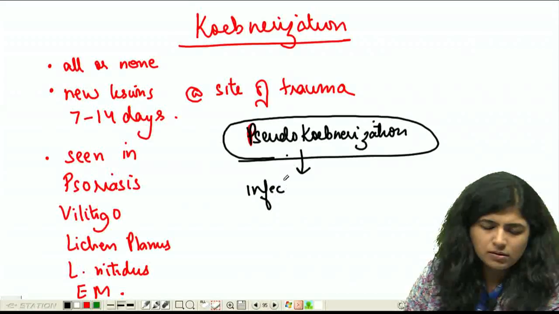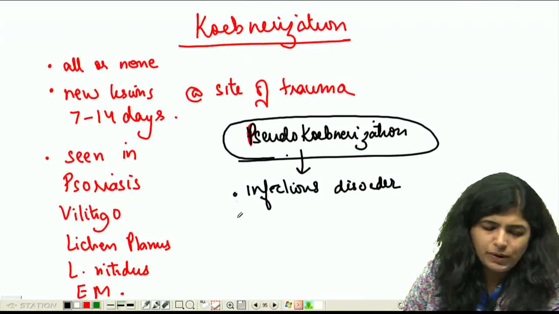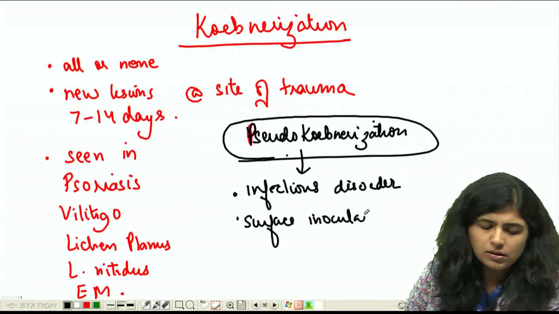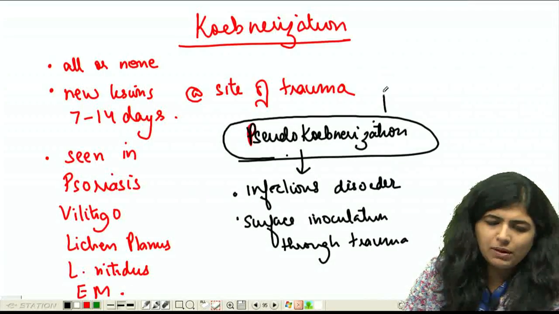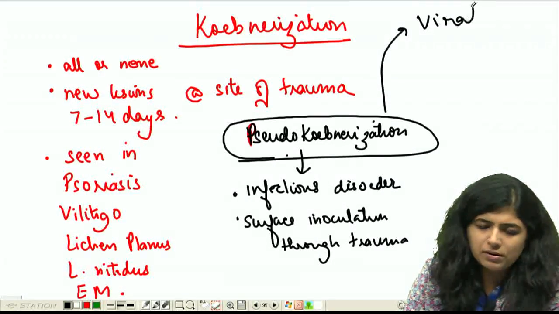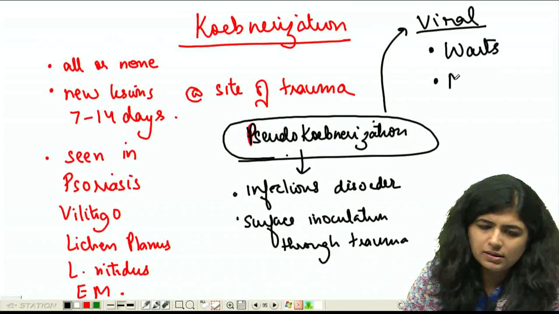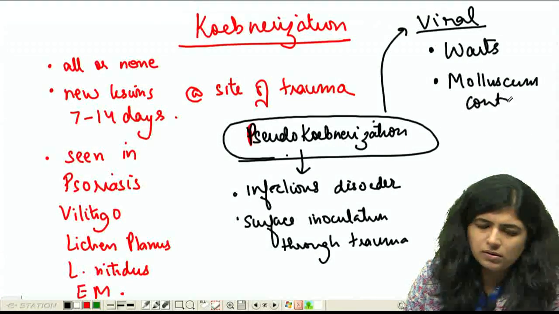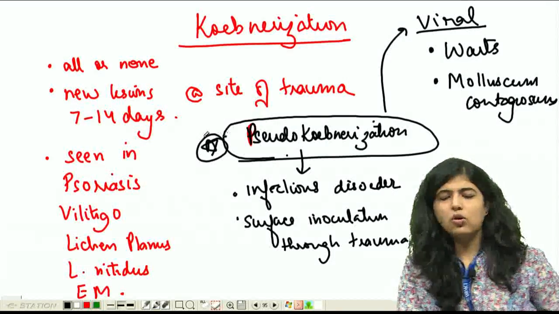You see this in infectious disorders which spread by surface inoculation through trauma, seen mainly in the viral infections like warts and molluscum contagiosum. So you get a question on pseudo Koebnerization also.